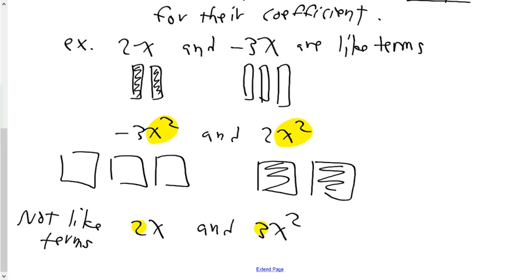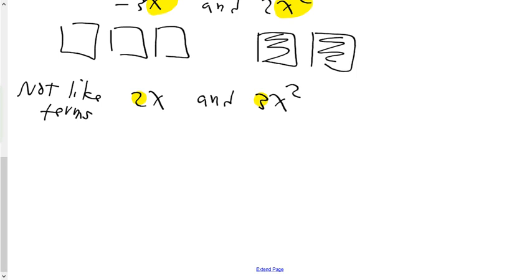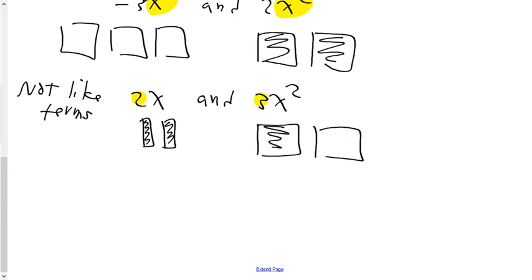And we can see that best illustrated if I was to draw two x's, I would draw these, and I would draw x squared tiles like this. So the algebra tiles actually help us visualize the fact that they aren't like terms. Right? So that's kind of important. So not like terms. And you can triple underline the not. Does that make sense to people?